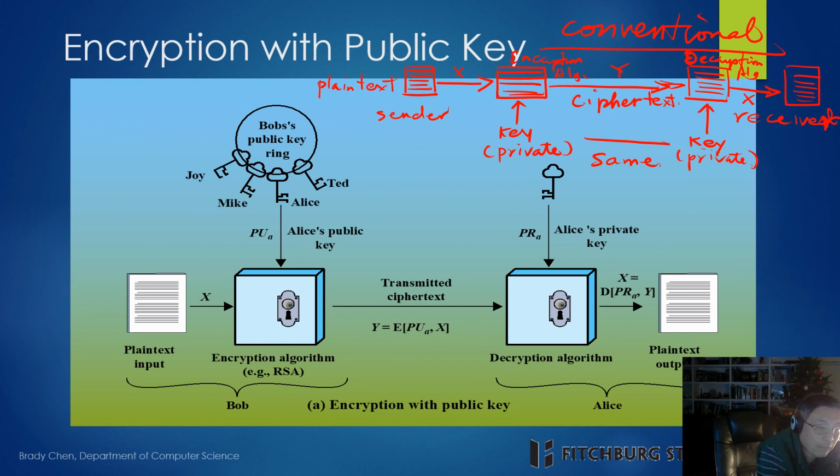So if both sender and receiver keep the private key secret, it's very difficult for a third party to decrypt the ciphertext message. Okay, so that's conventional. Now, in this module, we will focus on public key encryption, which is an asymmetric system.